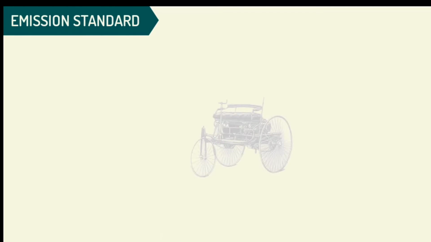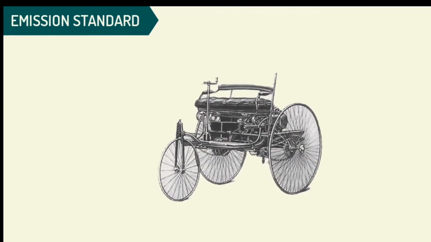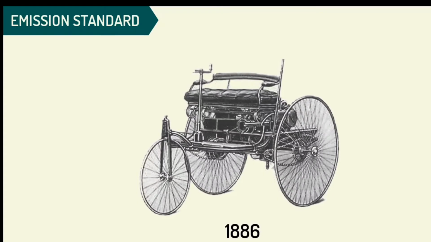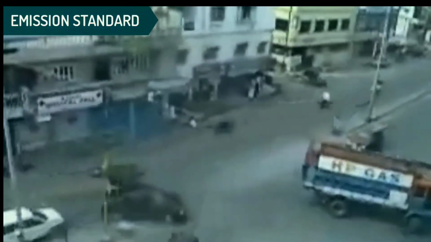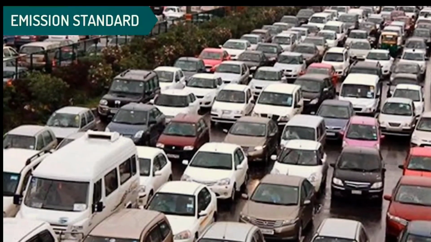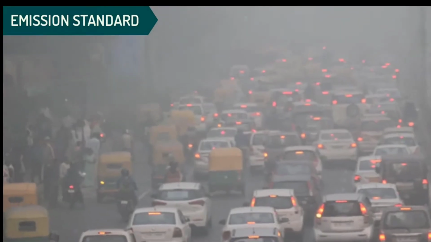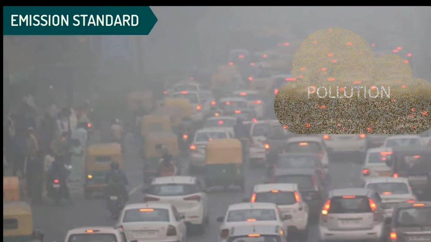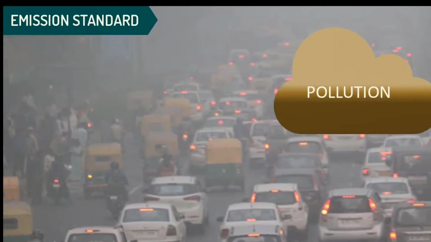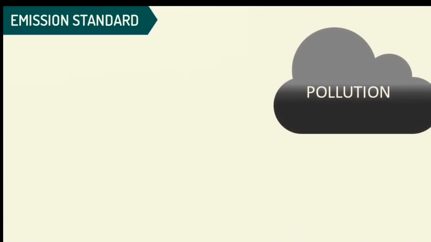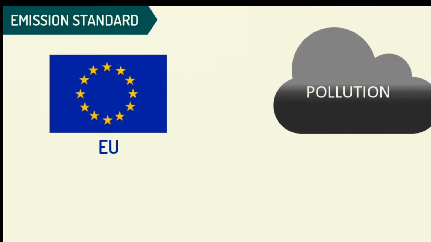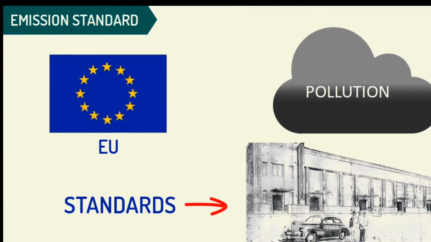Emission standard. Since the invention of the motor car in 1886, many companies had started to make cars. With the increase of cars on the road, it caused a new problem, that is air pollution. So, to control this air pollution, in 1991, the European Union started to give some guidelines and standards to all car maker companies.